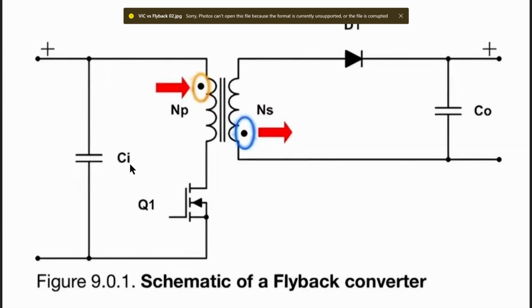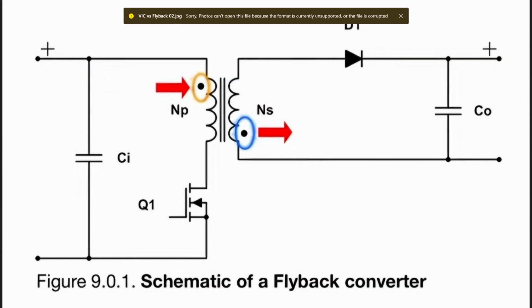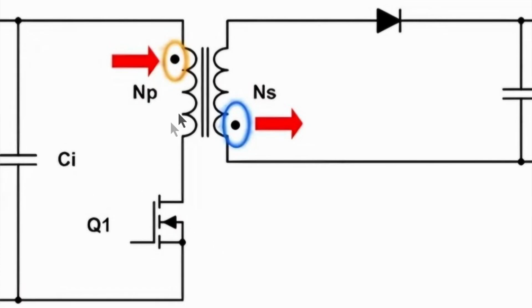Going back to this image here, a standard flyback converter is in this fashion. This diode is on the opposite end as compared to this. Here we have the north, say positive end, of this secondary coil going directly to that diode, whereas this flyback converter has this north end, this positive end here, going directly to the cell, and it's on the negative end, the south end of this coil, that this diode is connected.